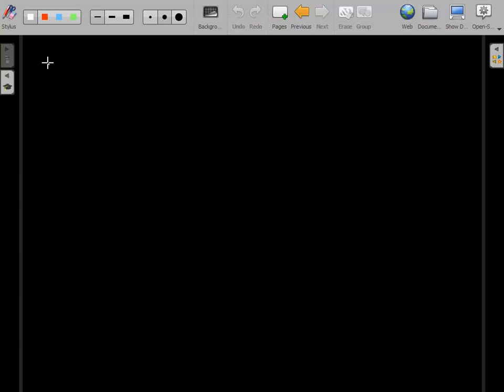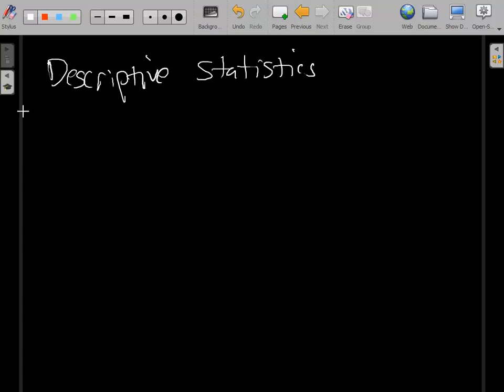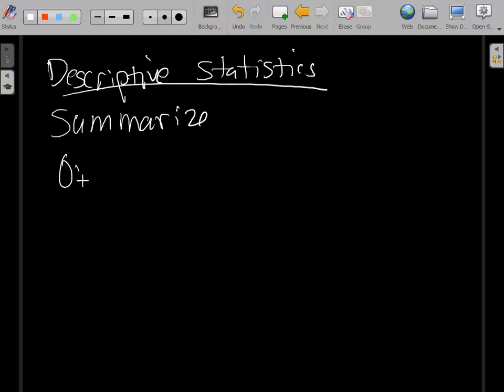So we have two classifications for statistical tools. The first, descriptive statistics. Okay, and when we deal with descriptive statistics, we are trying to summarize something about the data, we're trying to organize the data, or we're trying to simplify the data.